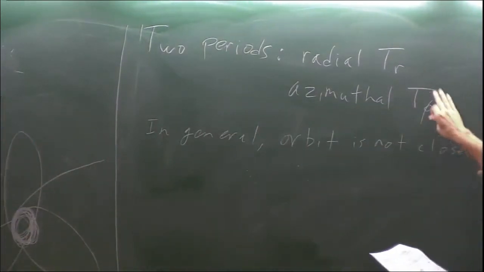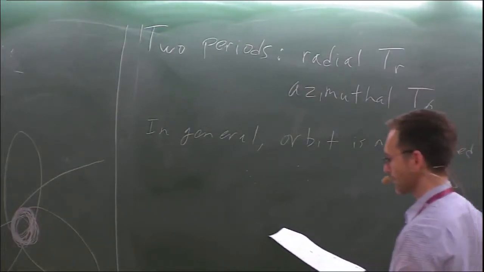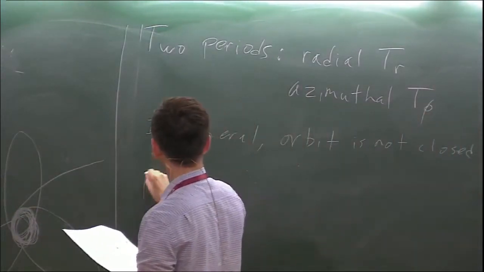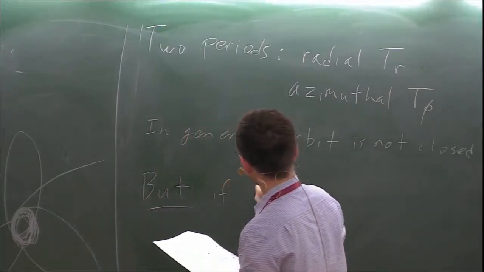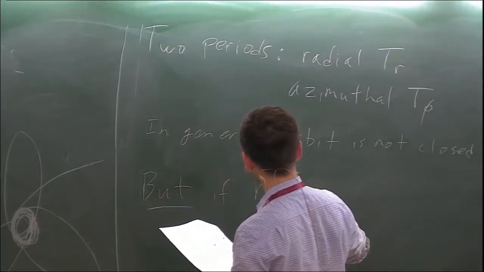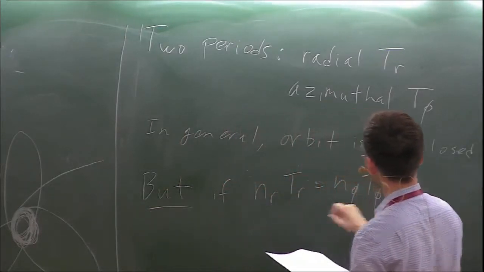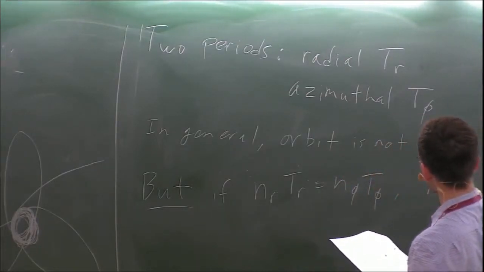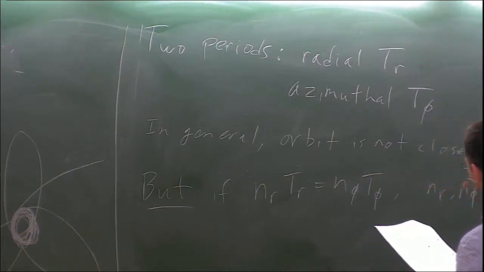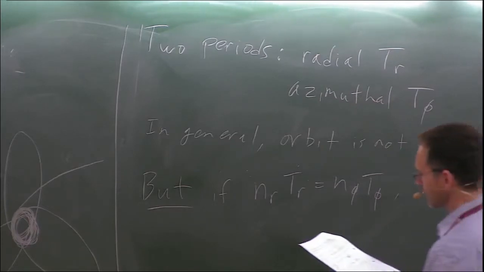But if you make a certain arrangement between the 2 periods, then you can get a closed orbit. But if n_r T_r is n_phi T_phi, where these are both integers, so n_r and n_phi are both, say, positive integers, then the orbit is closed.